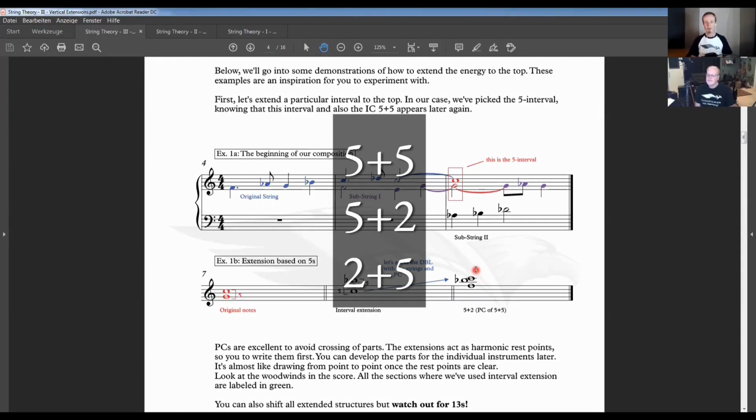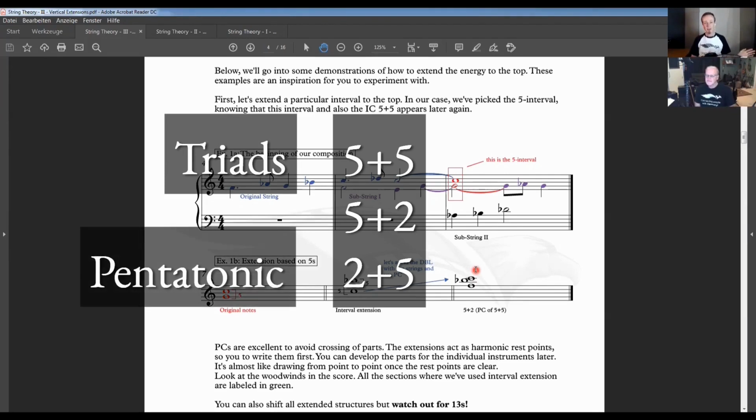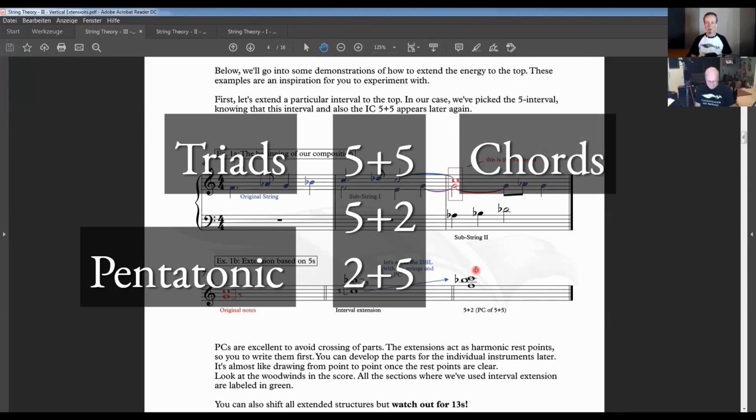Whenever you see one of those formulas show up, you instantly know that you can connect to triads, you can connect to pentatonic, you can even make this into, let's say, a 3-part 13th chord. This also works. It just depends on the root, which means you can go back to the diatonic system. You can even go into the world of equivalence.